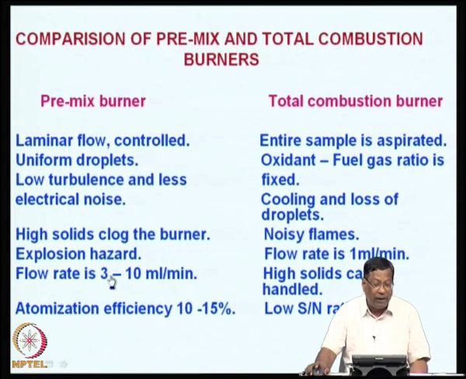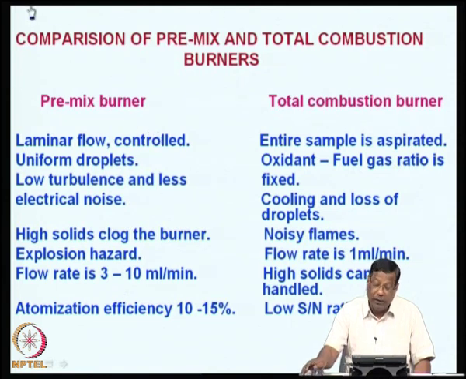Usually the flow rate in premix burner is about 3 to 10 milliliter per minute. So, atomization efficiency is also of the order of about 10 to 15% only, remaining 85% goes waste. And this is one of the critical aspects of atomic absorption spectrometry.